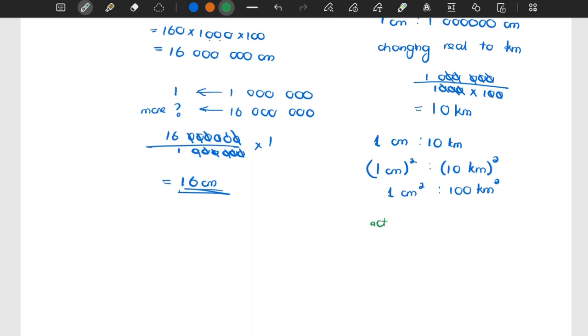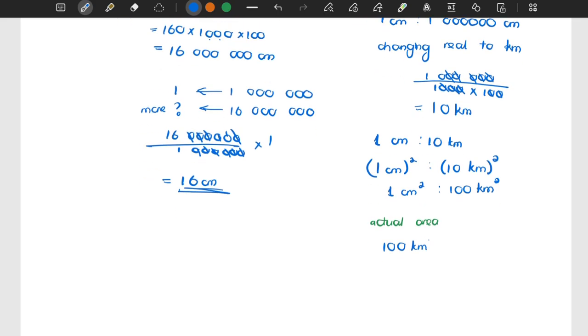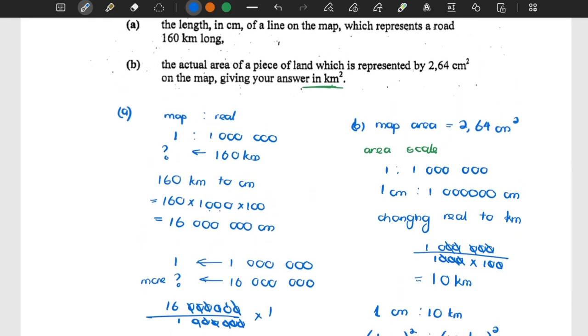That's what we're trying to find, right? We know that 1 centimeter squared represents 100 kilometers squared.